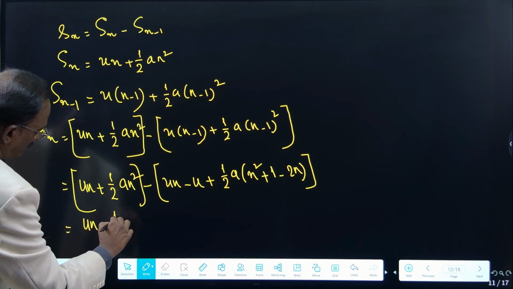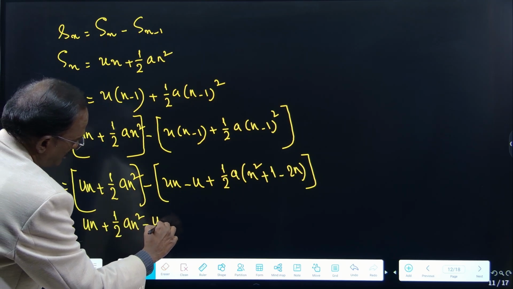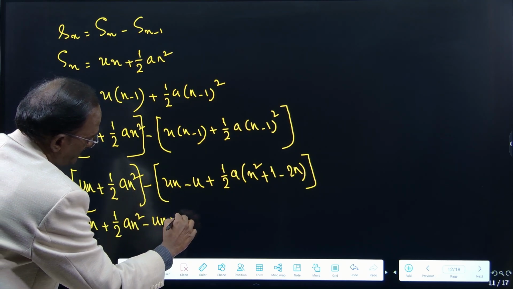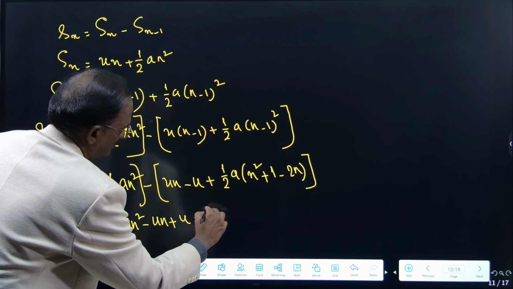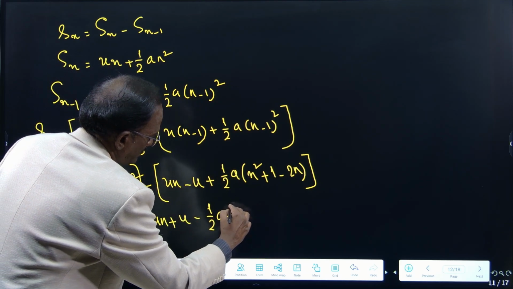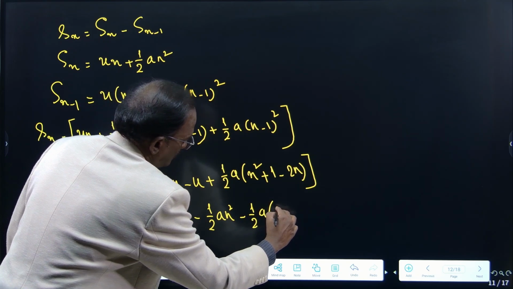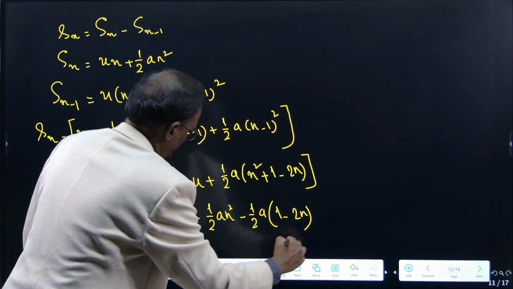Un plus half a n square minus un, this will be plus u, this is minus half a, the n square is taken outside, minus half a 1 minus 2n.